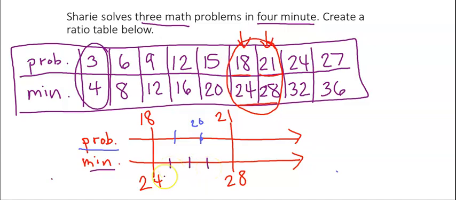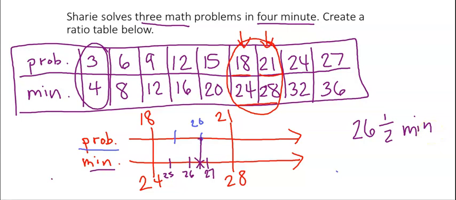So we got 25, 26, and 27. So our 20 problems up on top comes out here, and it gets about halfway between 26 and 27. So we're going to say 26 and a half minutes to do her work.